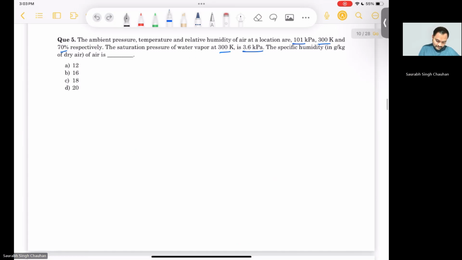So what will we do? First we will calculate the partial pressure of water vapor. That will be equal to relative humidity multiplied by saturation pressure at this given temperature, because this is the definition of relative humidity. This is PV divided by PS, right?